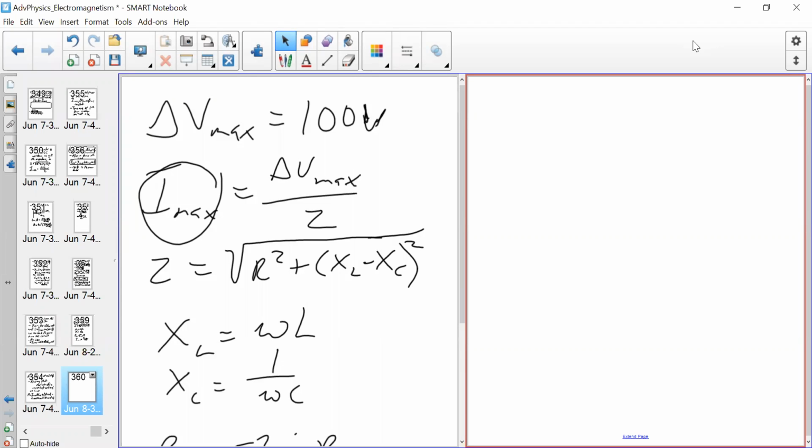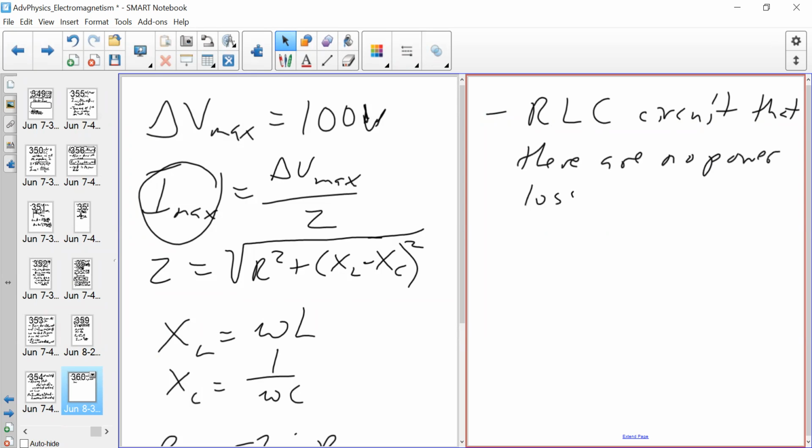Okay, so yesterday we left off talking about how in an RLC circuit there are no power losses in pure capacitors and inductors, or just capacitors and inductors.